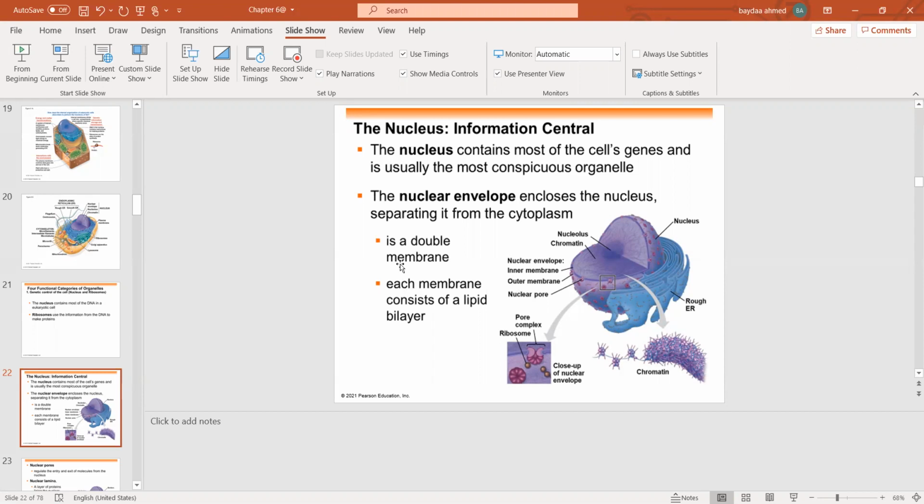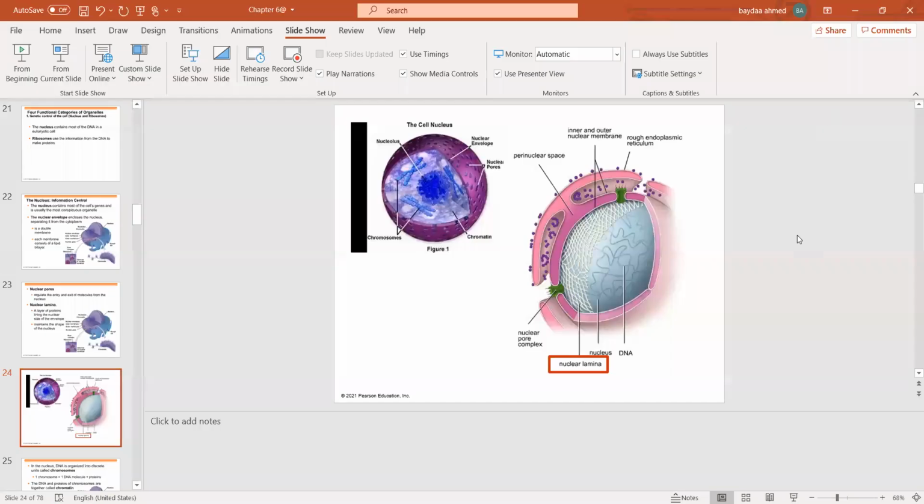The two membranes are continuous with each other, and each of them consists of a lipid bilayer. So the nuclear envelope is a double membrane, each a lipid bilayer.